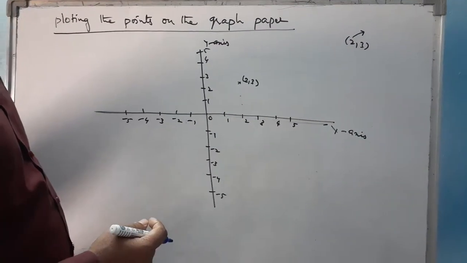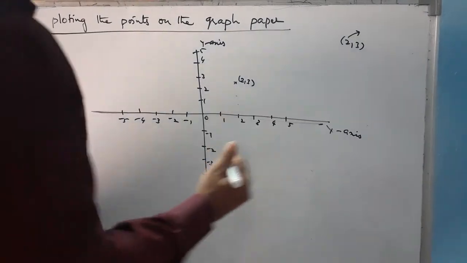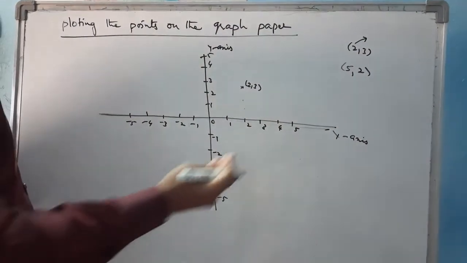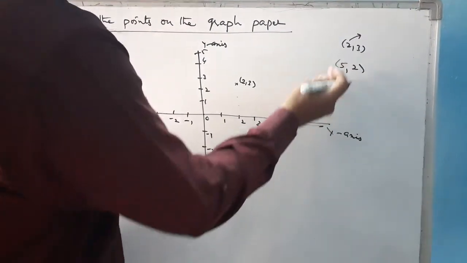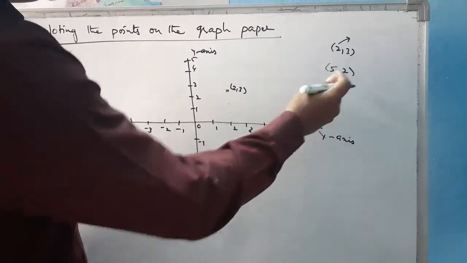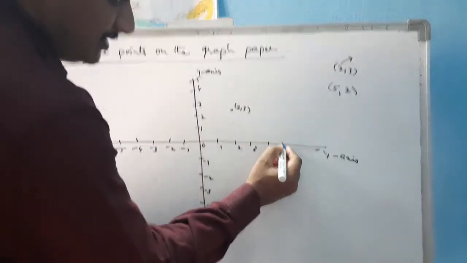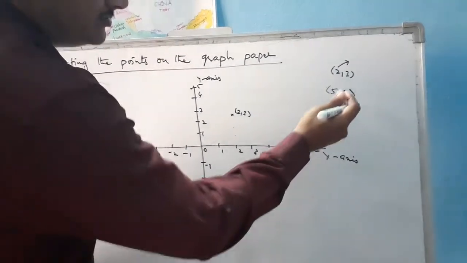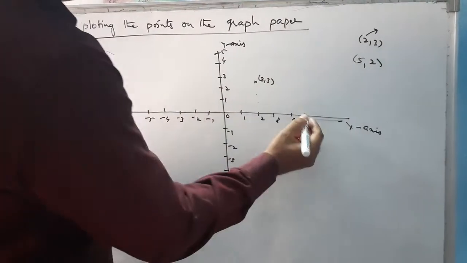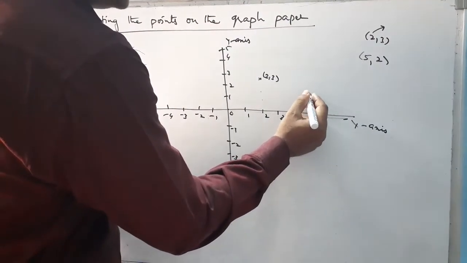Now I'm taking another example, (5, 2). First of all we have to take the 5 on the x-axis. So here it is 5 on the x-axis. Now we have to move 2 units upside, 1 unit and 2 units.